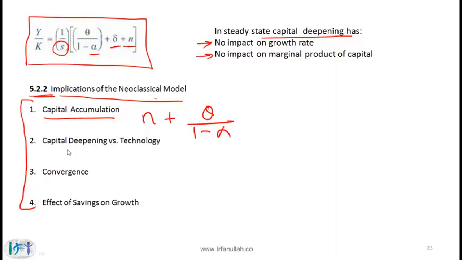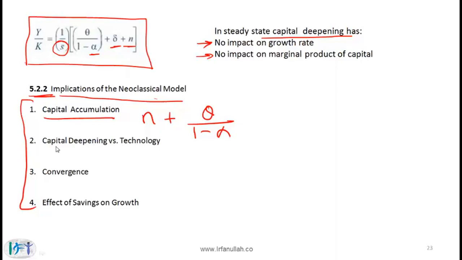So point B under capital deepening versus technology, long-term sustainable growth cannot rely solely on capital deepening investment, that is, on increasing the stock of capital relative to labor. If the capital to labor ratio grows too rapidly, that means faster than labor productivity, capital becomes less productive, resulting in slower rather than faster growth.